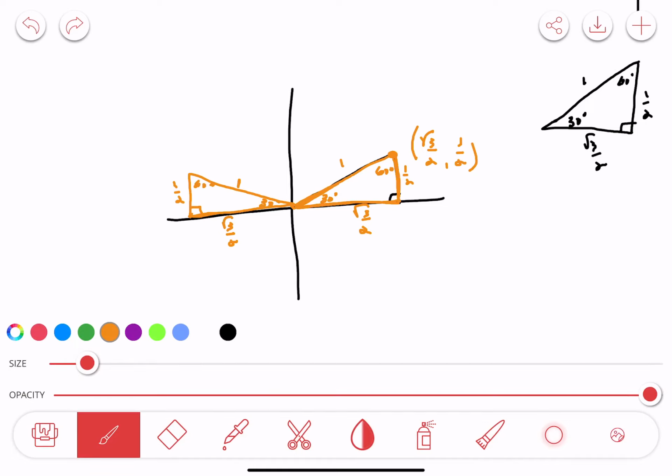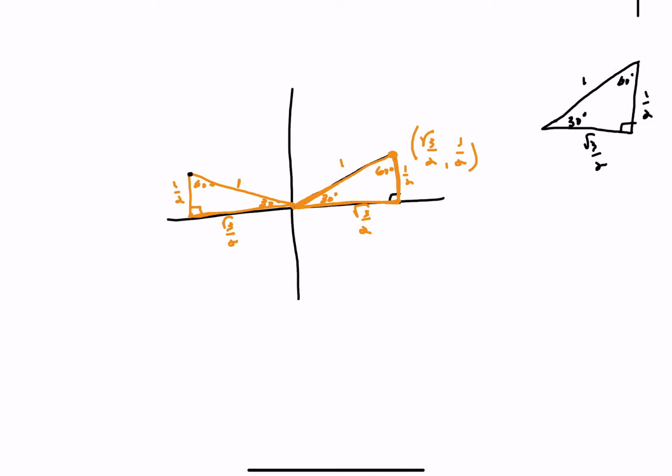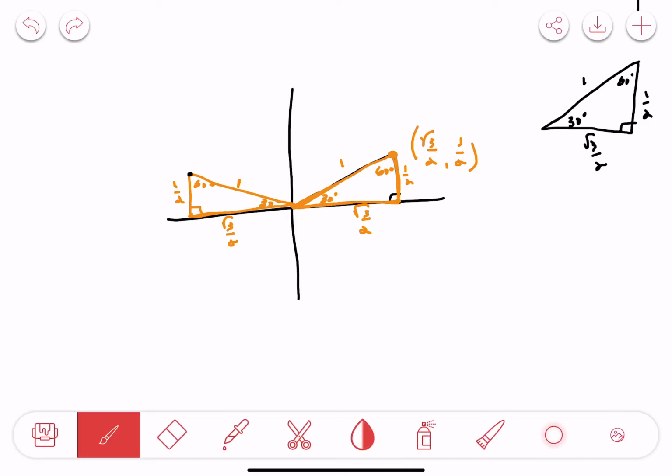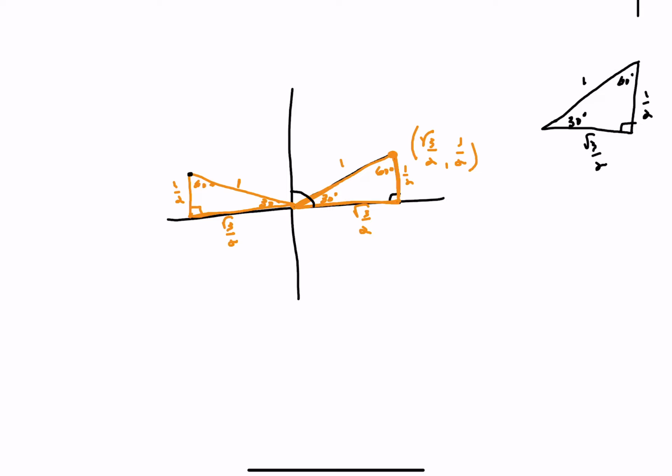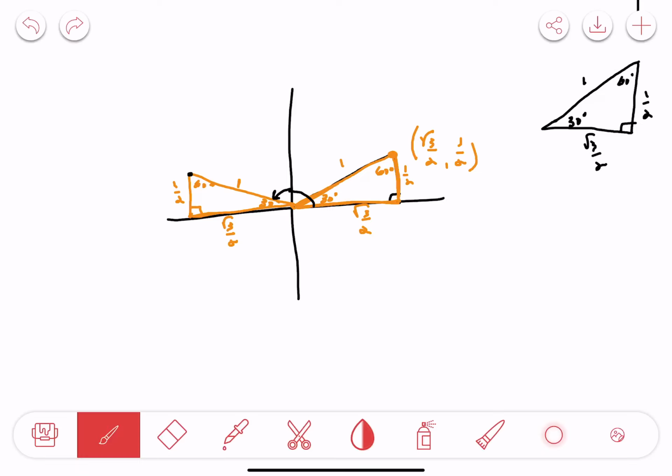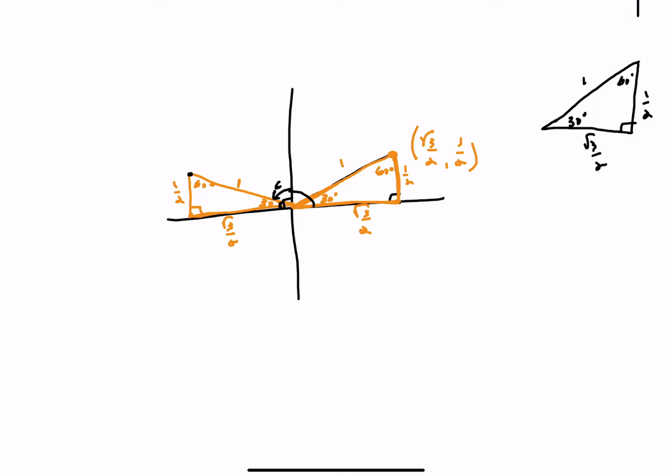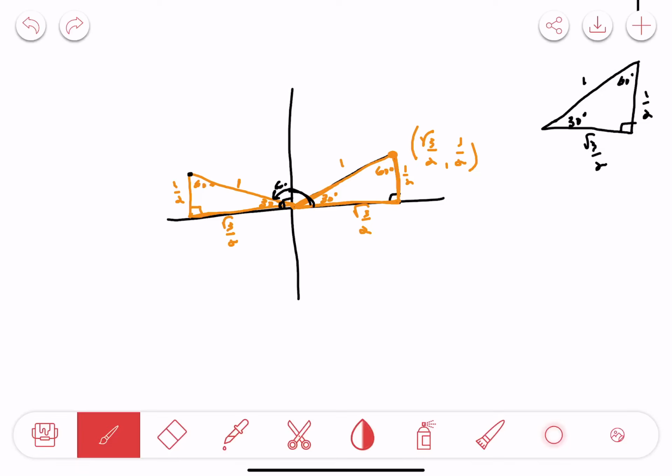Now, if I'm going to be finding the coordinates of this point right here, that angle would be 90 plus whatever this is. Well, if this makes 90 and this is 30, its complementary angle is 60. So this right here would be 60. So 90 plus 60 is 150.